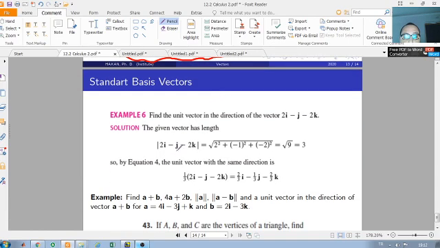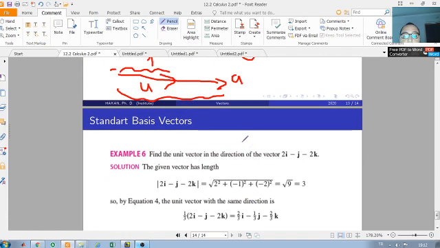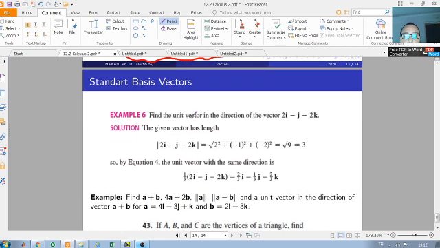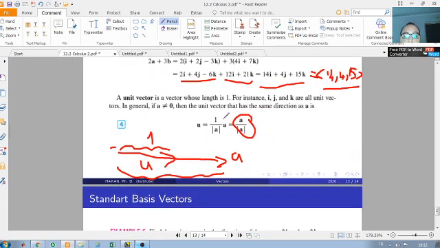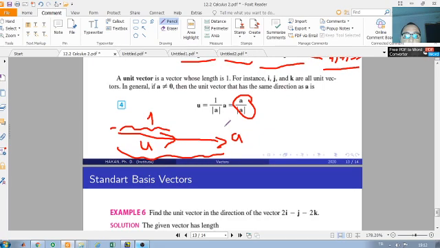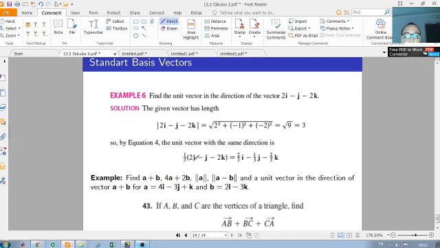So by this equation the unit vector u, which is in the same direction as the vector A, is equal to 1 over the length of the vector A times the vector A, which is written as 1 over 3 times (2i minus j minus 2k), and distributing the 1 over 3 into the parentheses, we obtain the components of the unit vector.